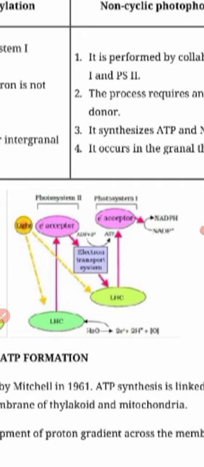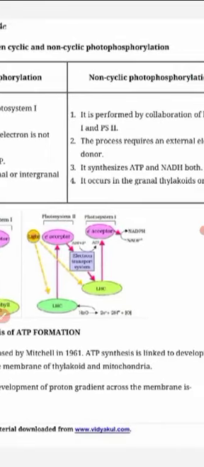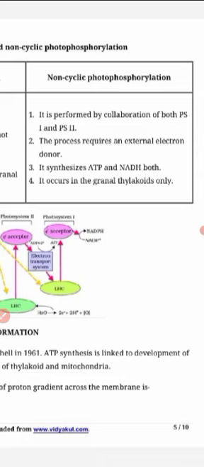Therefore, the uphill and downhill movement of the electron results in the formation of both ATP and NADPH under the non-cyclic photophosphorylation.